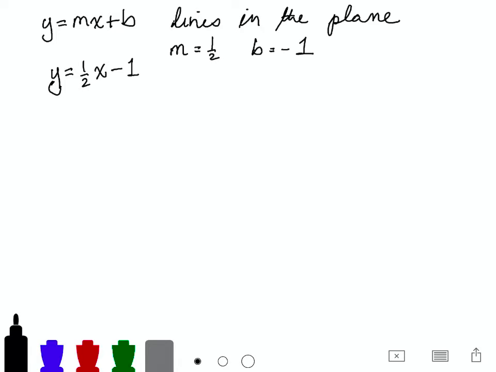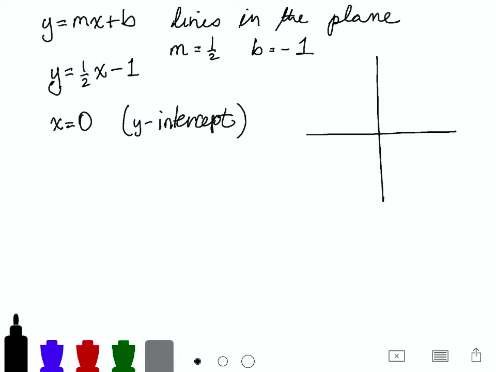So you can always make x equal to 0, and this is called the y-intercept. And this is because this is where the line intersects the vertical axis. So when x equals 0, on the x-axis you're always here.